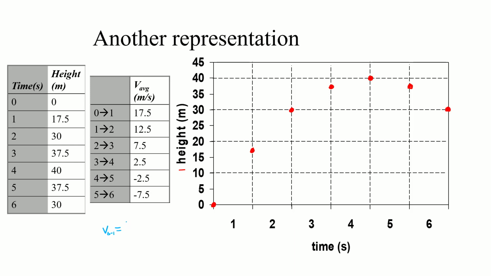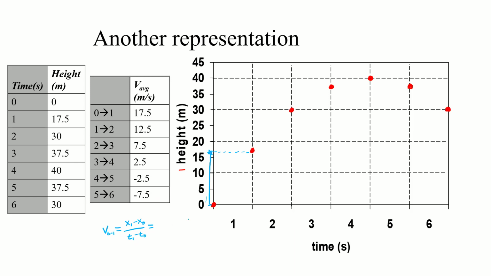This was x1 minus x0 all over t1 minus t0. And if we look at what that is, x1 is this value here, and x0 is the 0 value. So that x1 minus x0 is this difference here.